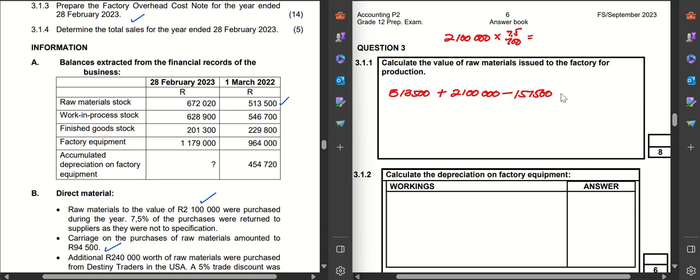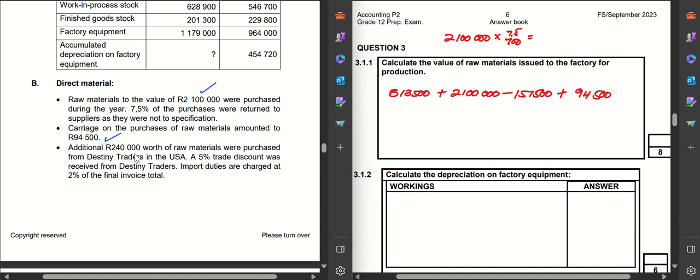The next part says carriage on the purchases amounted to 94.5. Remember, carriage is added. So I add my carriage, which is 94,500. Let's go to the next one. It says additional 240,000 worth of raw materials were purchased from Destiny Traders in the US.